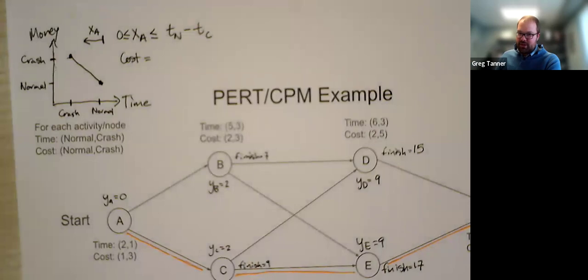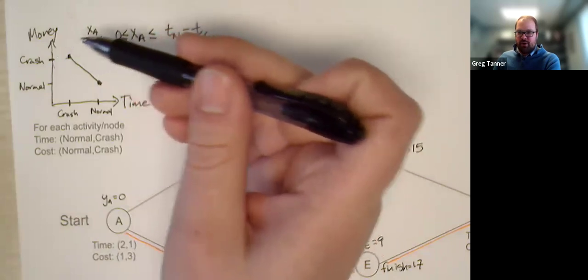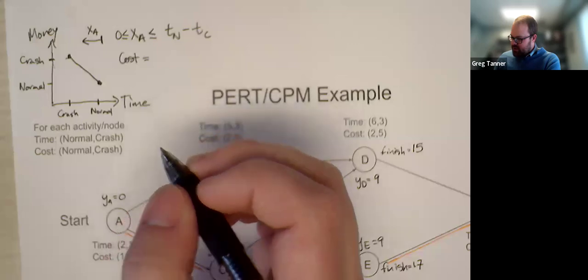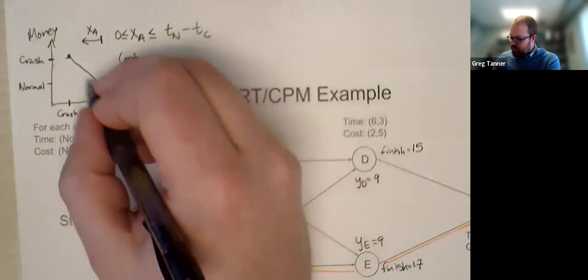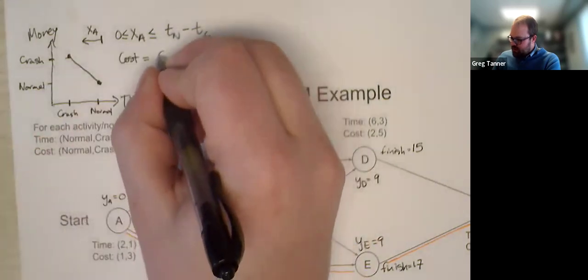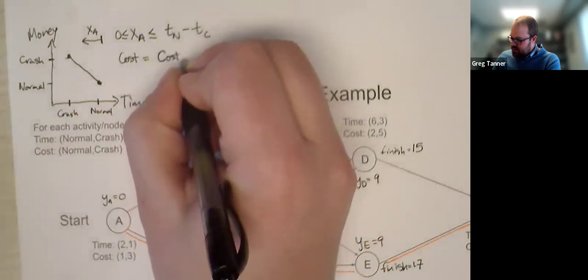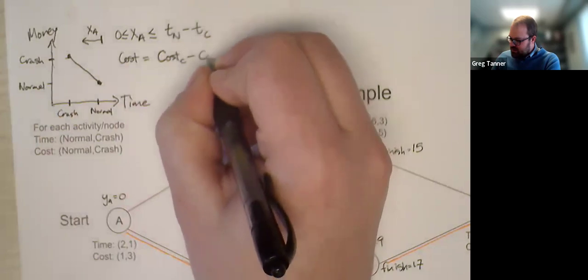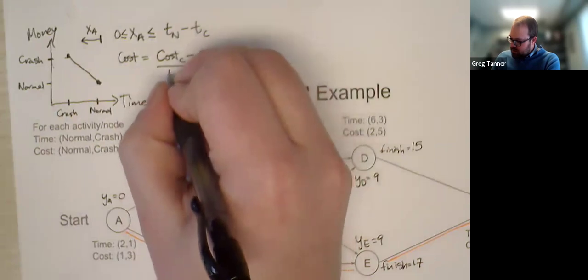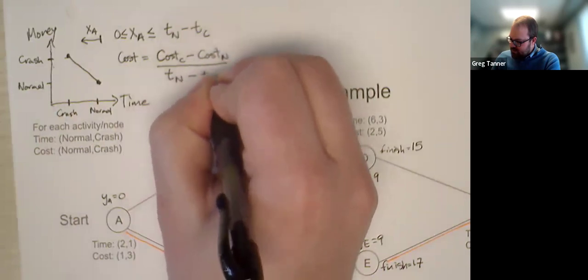The slightly tricky thing is that our crash variable is pointed this way, but we can compute the slope of this line, which is the change in cost. I'll spell it out: cost crash minus cost normal over time normal minus time crash.